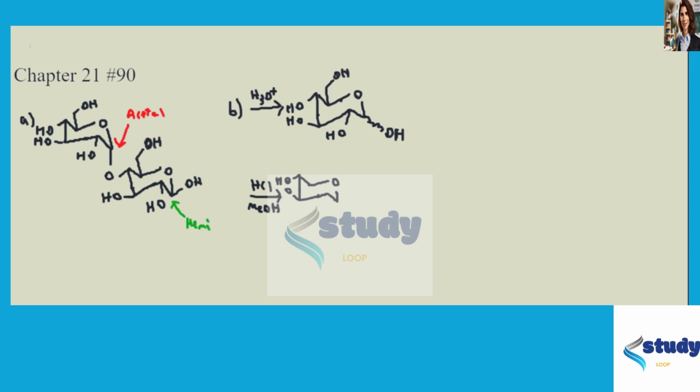So OH, OH, OH, OH. Right. So the top ring really isn't affected at all. Really, the bottom ring is not affected very much. The only thing that's going to change is that hemiacetal is actually going to become a full acetal.